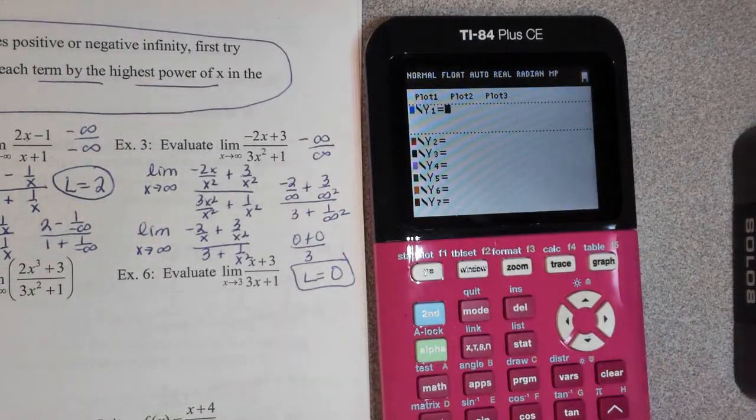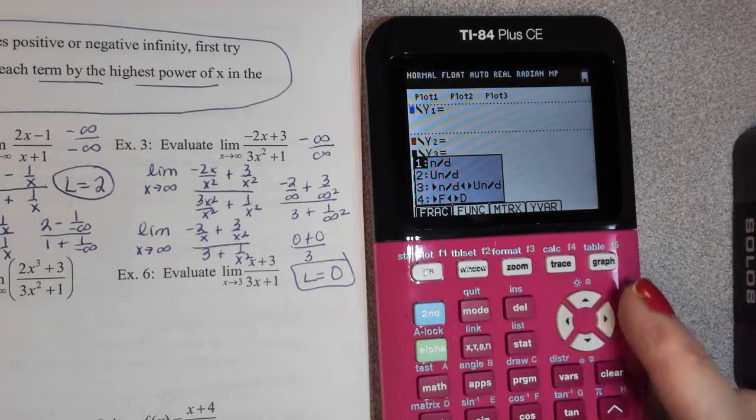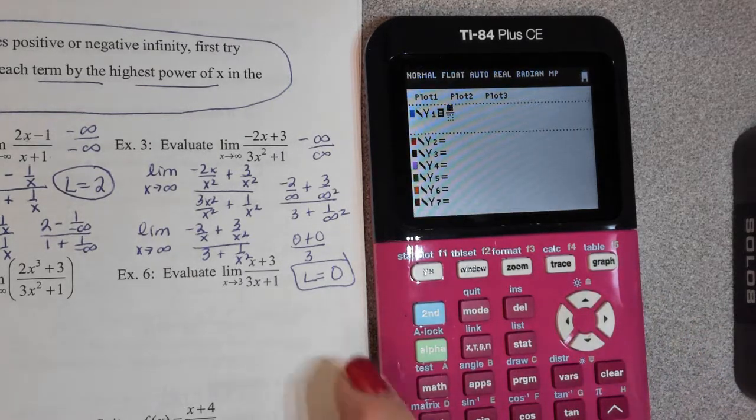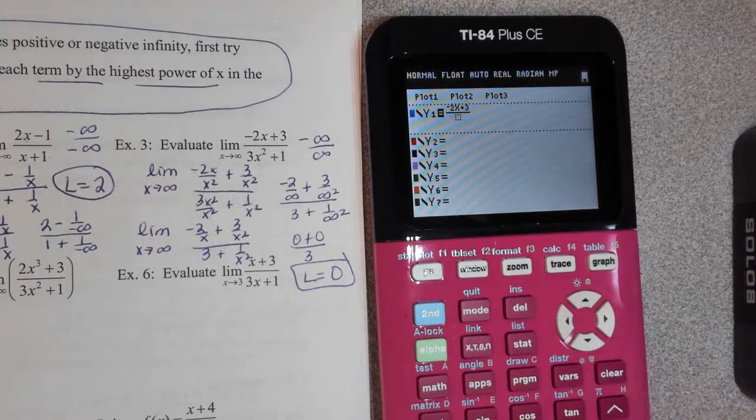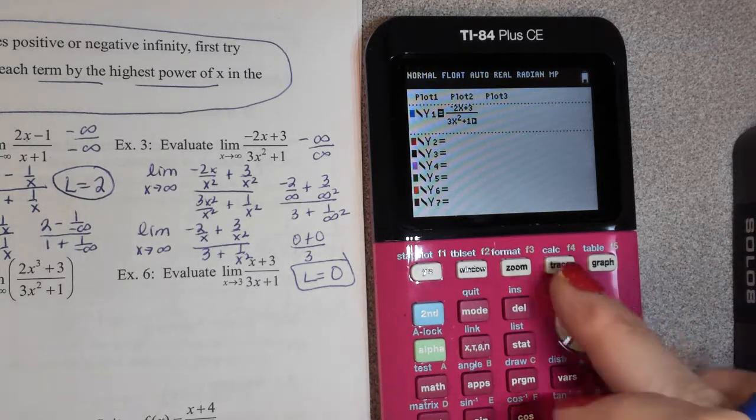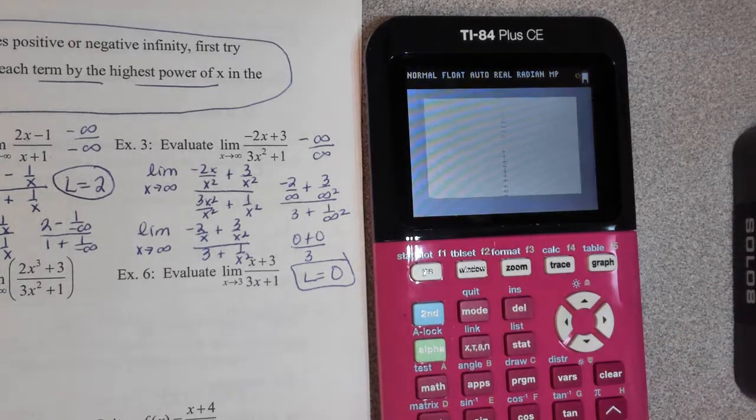Suppose we feel like we did something incorrectly there. Well, if I wanted to double check it, I can just put in the fraction. It's going to be negative 2x plus 3 divided by 3x squared plus 1. I can now do a zoom 6. Here's the way it looks. I want to trace it as x goes to infinity.